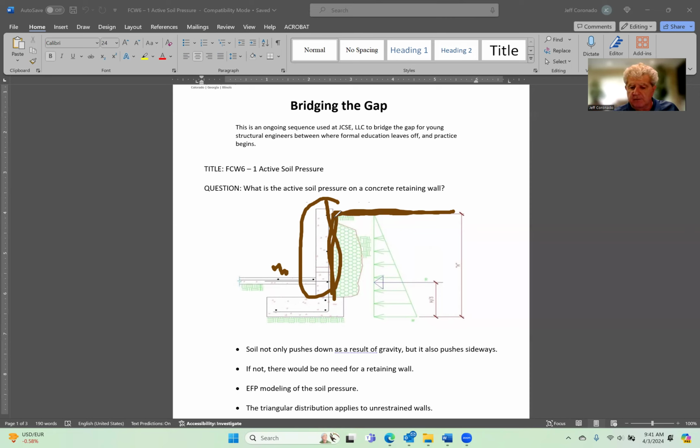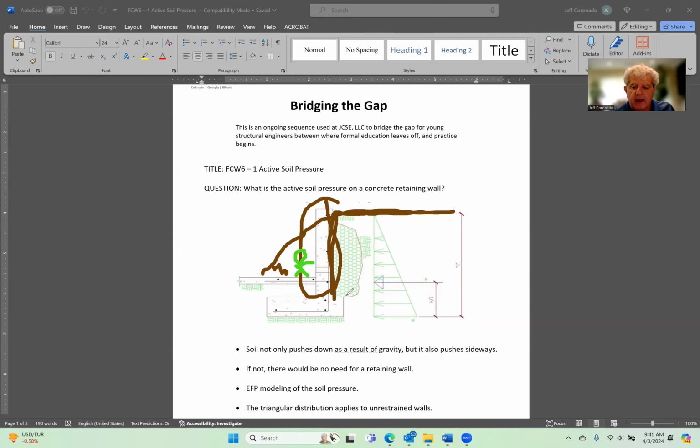And that's probably something that we'll cover in another session of Bridging the Gap. It does depend on how cohesive that soil is. The more cohesive the soil is, the better the chance that the soil will not just cave down. But again, if you challenge me to let my toddler sit here and play with real cohesive soil, I don't think so.